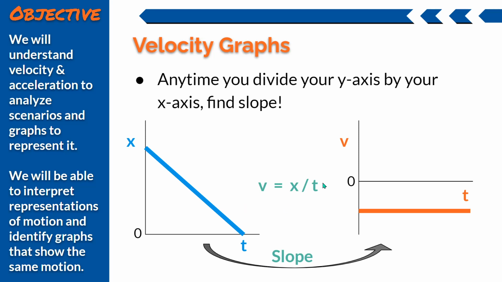The reason that works is, guys, slope is rise over run. On an XT graph, rise over run would be change in x, change in position, over time, which is the equation for velocity, change in position over time. So the slope of your XT graph will give you your velocity, and you can then make a VT graph from that. Anytime you divide your y-axis by your x-axis, find slope.